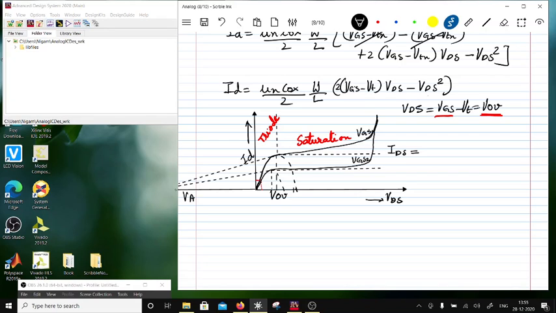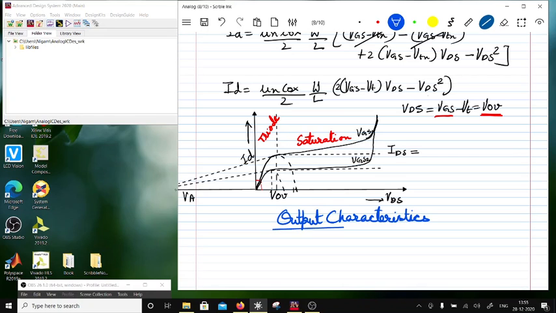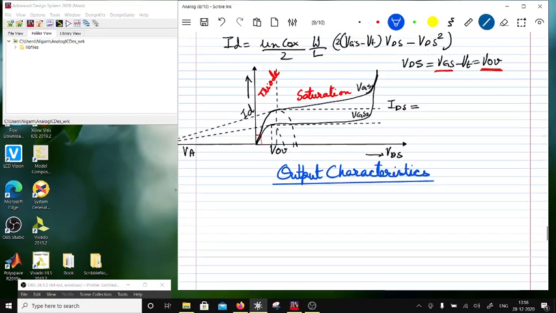All these are going to meet at a point, early voltage VA. So this is the nature of output current versus output voltage, and this is referred to as output characteristics.